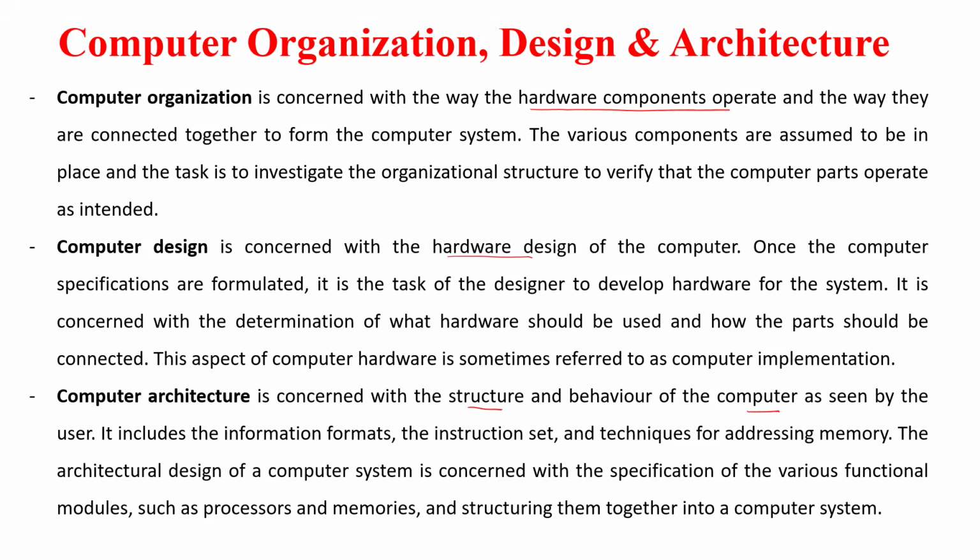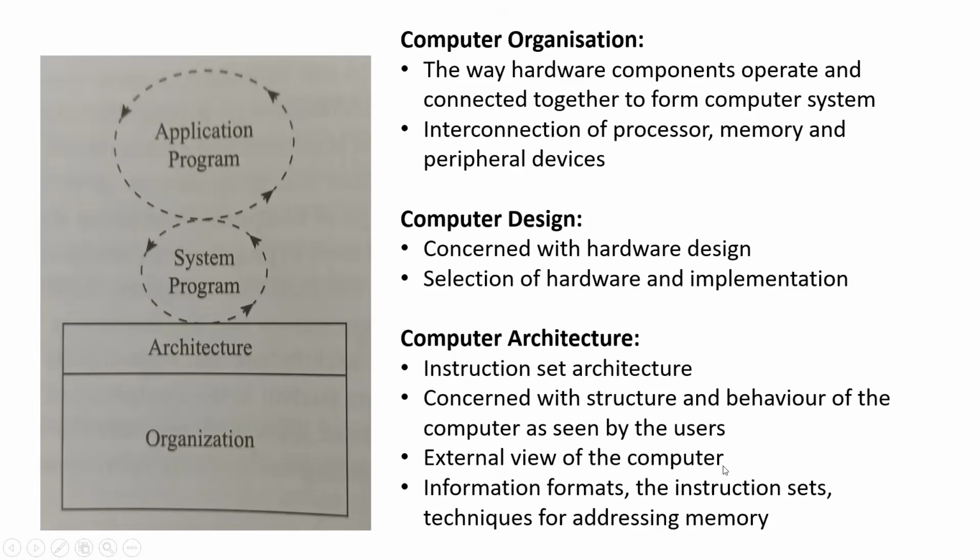All these things are included inside computer architecture. So overall, we have summarized that we have computer organization, then architecture, and the system program and application program, and how both are understood. The system program is used to run the hardware, and with the help of the system program and this hardware, we use the application program for a specific purpose. So it is summarized here.